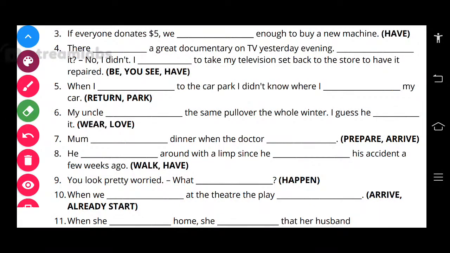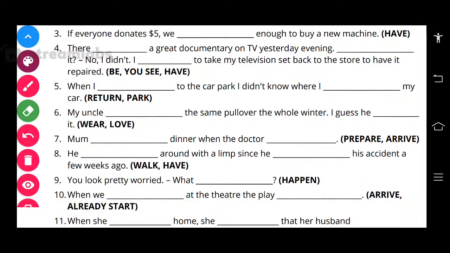So the answer will be like this: When I returned to the car park, I didn't know where I parked my car. Are you all getting my words?